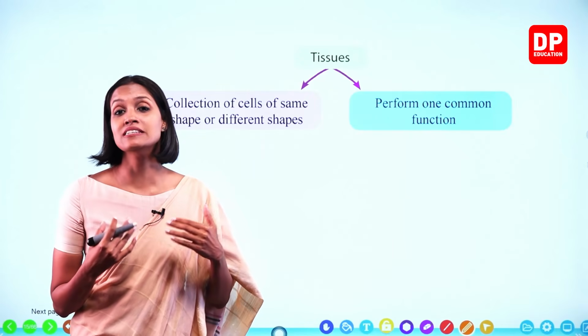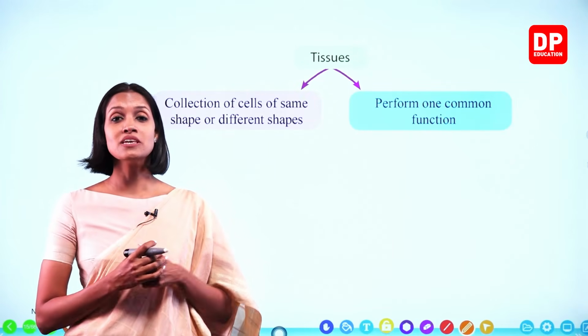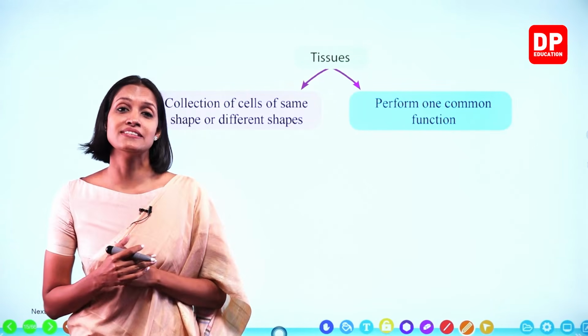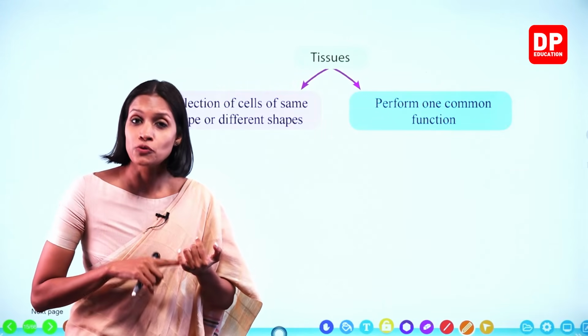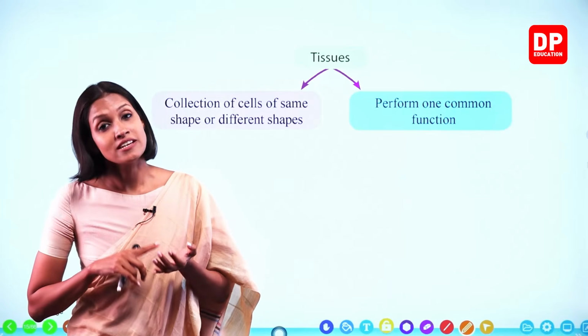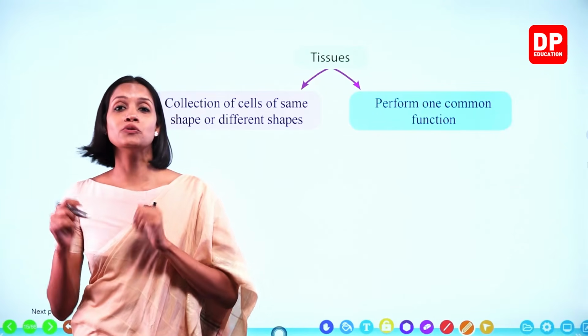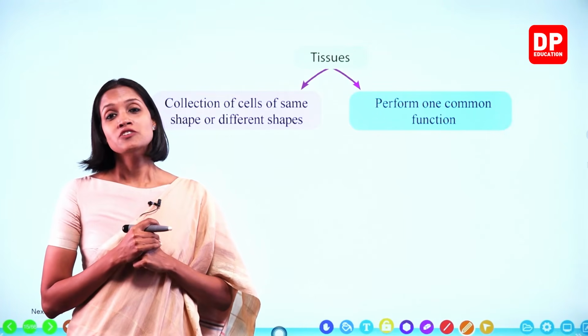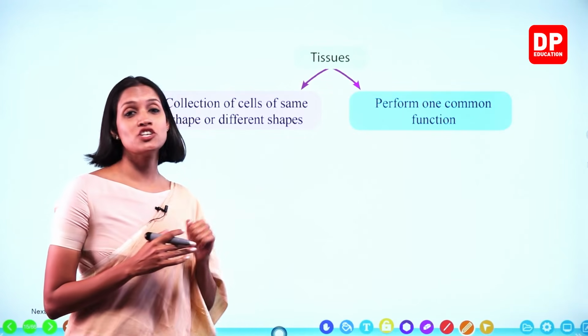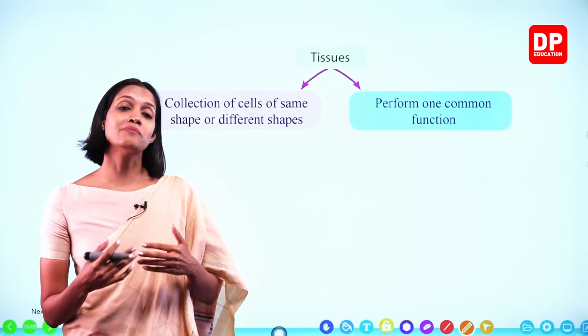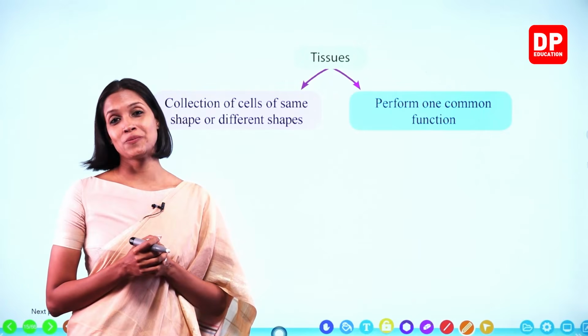But when we consider multicellular organisms, there is a series of levels starting from cell, then tissue, then organ, then systems, and then finally the organism is made. So we learned about the cells and the tissues under this chapter. We are going to learn about the other levels in the next chapter.